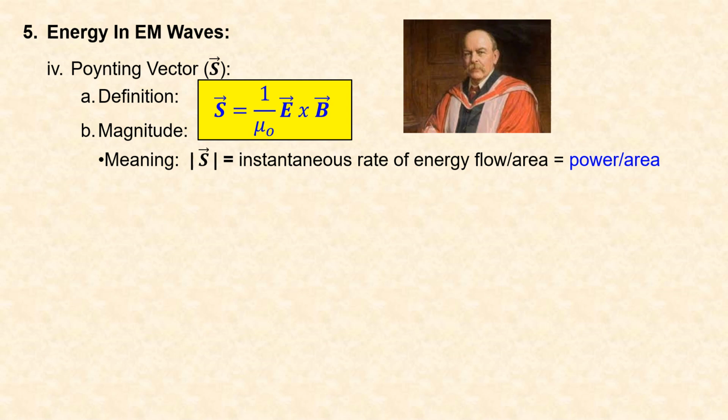That's a measure of power. When you take the power divided by area, if you remember back to your discussion of wave theory in Physics 102, that is a measure of intensity. So the Poynting vector tells us something about the intensity of the electromagnetic wave at any given point in time.